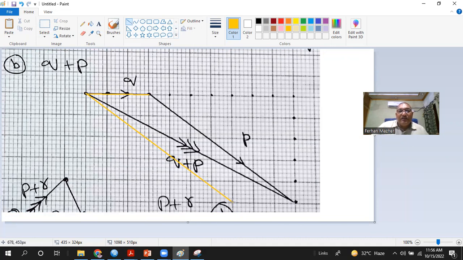Then the same Q I will draw here, and the same P I will draw here. I know the column vectors of the P and the Q, so it's very simple. And I will complete this parallelogram.